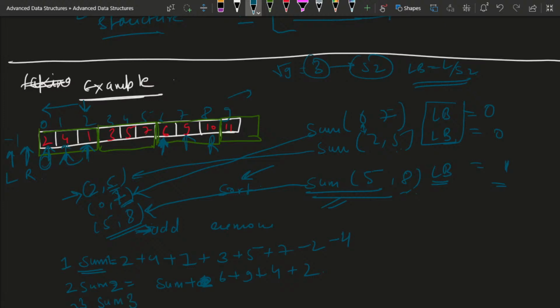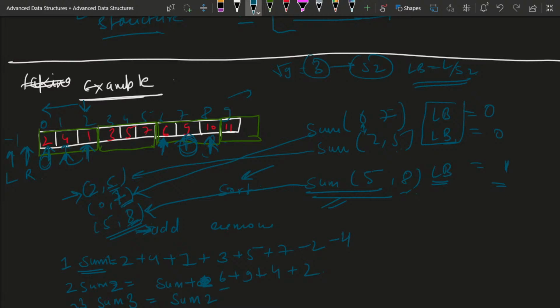Next we are going to do sum 3. So for sum 3, it is going to be sum 2, and my right end is at this point, because I have already processed this one, and as this is in my right limit, I am going to increase this.